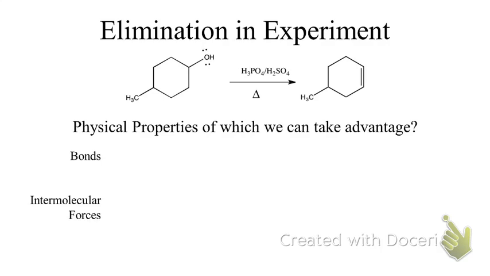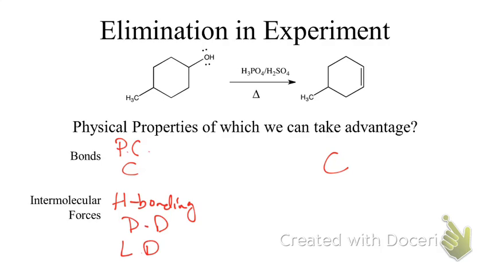Is hydrogen bonding a bond? No. So we've got polar covalent bonds and we have covalent bonds. Our product has covalent bonds. What does that mean for our intermolecular forces? Now, hydrogen bonding. We get our dipole-dipole and we get our LDF force for our starting material. And our product would have just our LDF.